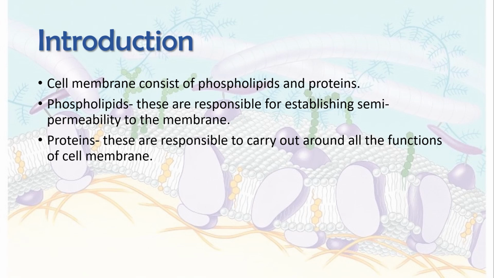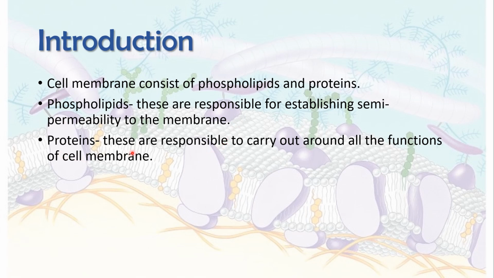Introduction. As we all know, the cell membrane consists of phospholipids and proteins. They both constitute the major part of the cell membrane. Besides this, cholesterol and oligosaccharide molecules are also present. Basically, phospholipids are responsible for establishing semi-permeability to the cell membrane.